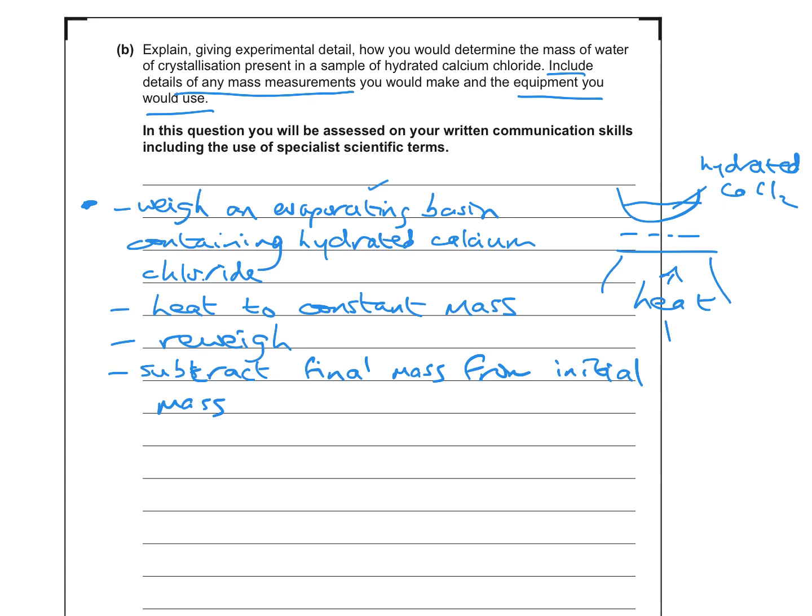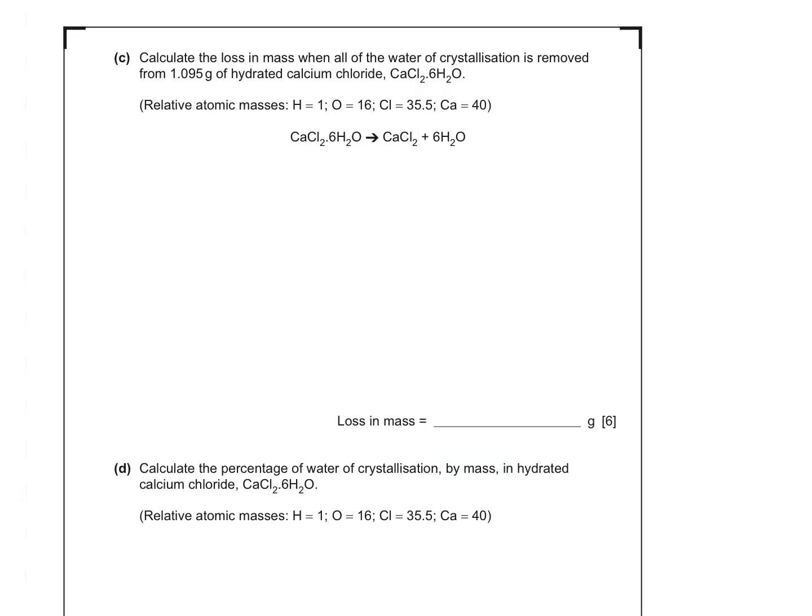You don't use a lid, because the lid could trap some of the water. You're going to need a Bunsen burner as well, and then tripod, wire gauze, or a pipe clay triangle if you're using a crucible. And I think that covers everything to get your 6 marks.